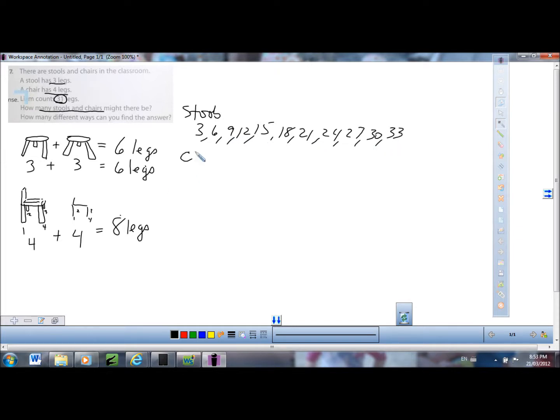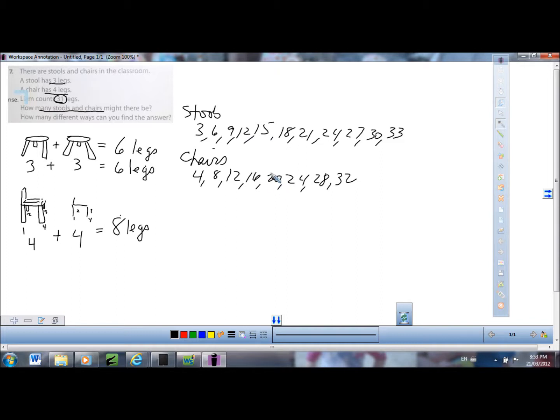And then if we look at chairs, 31 doesn't match as one of the multiples of 4 either. So we definitely have to combine them.